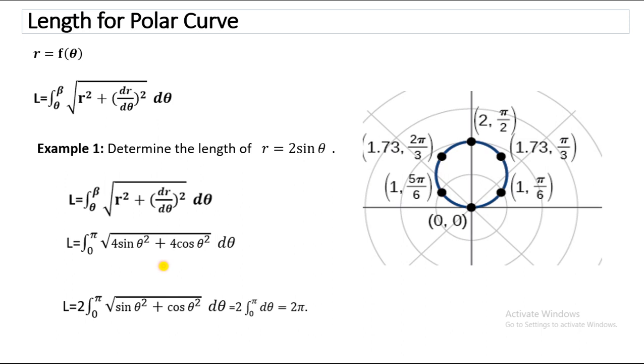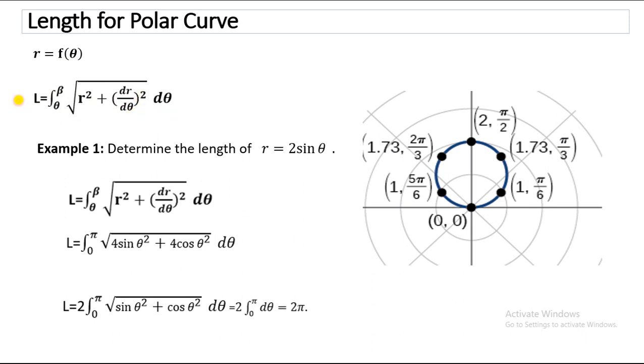I want to learn the length of a polar curve. The law of the length of a polar curve: if r equals f of theta, the length of this graph is the integration from alpha to beta of the square root of r square plus dr over d theta to the power 2, d theta.